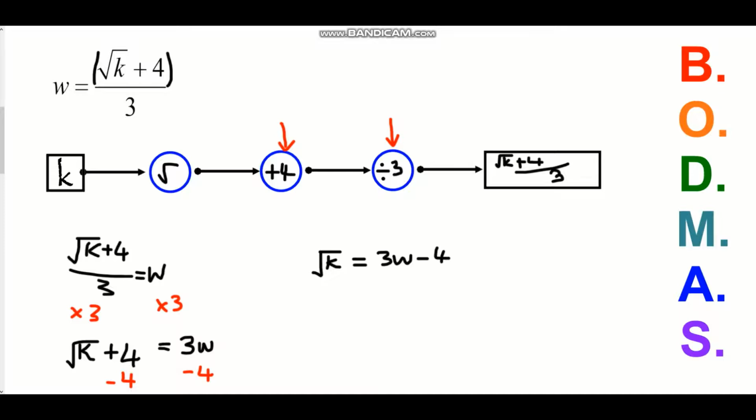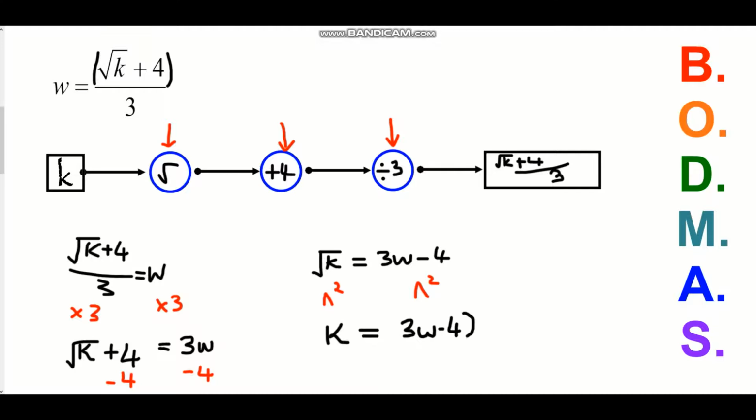And then the last thing I need to undo is the square root. Remember, squared and square root are opposites of one another. So I need to raise this to the power of 2 and raise this to the power of 2, square each side. And I get on its own k is equal to 3w minus 4.